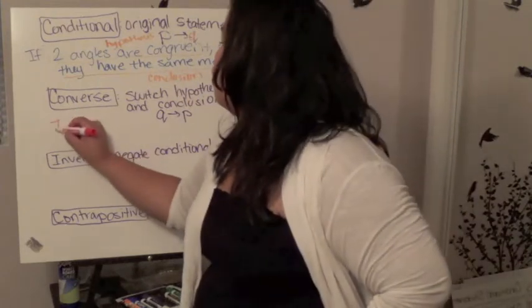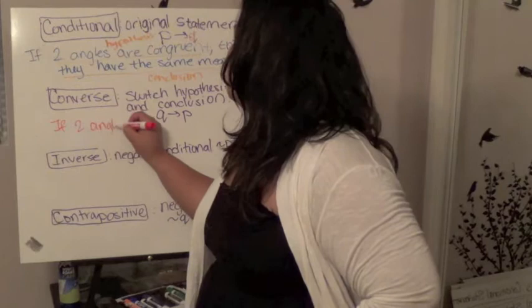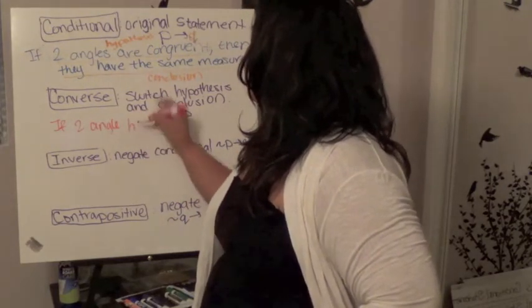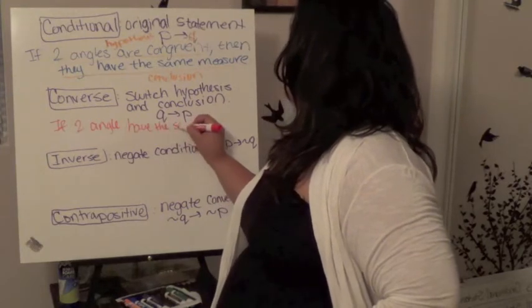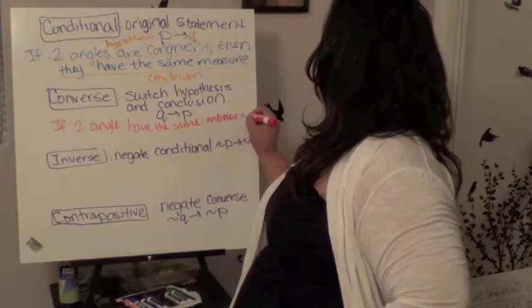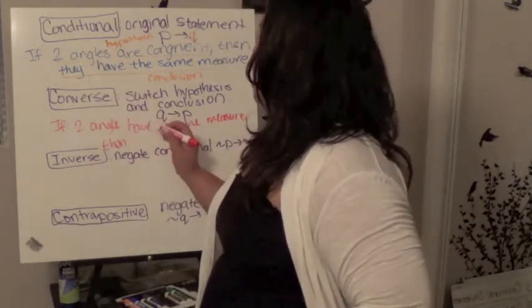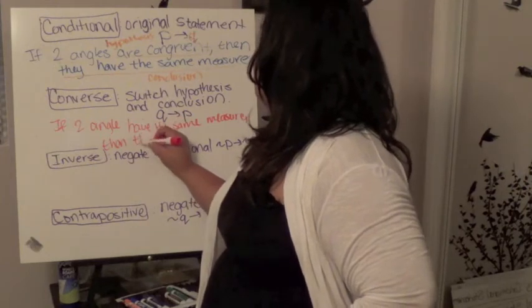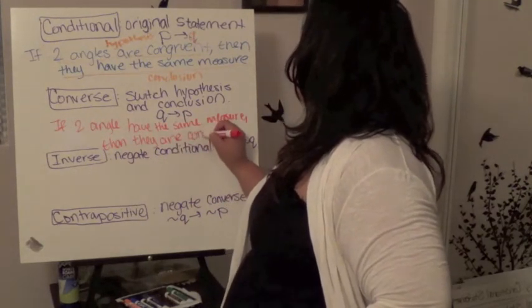So if two angles have the same measure, the sentence still has to make sense, then I put the hypothesis: they are congruent.